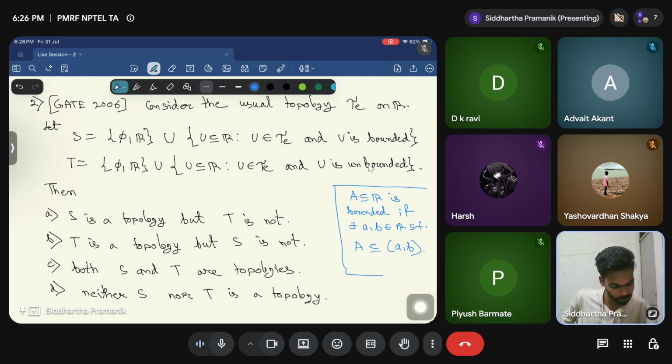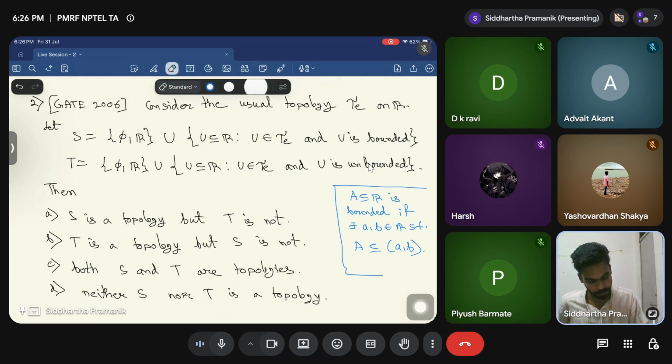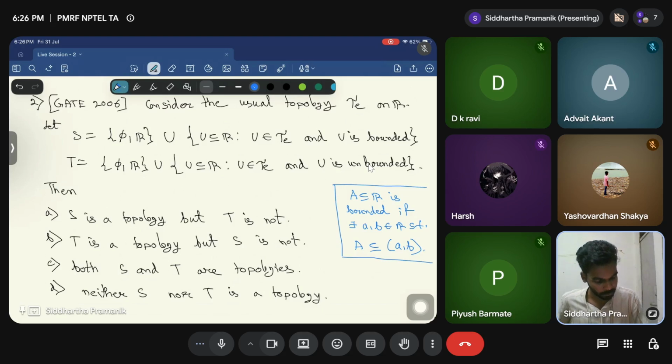Maybe this is not the actual definition, but you can take this as a definition for this time because both are equivalent.